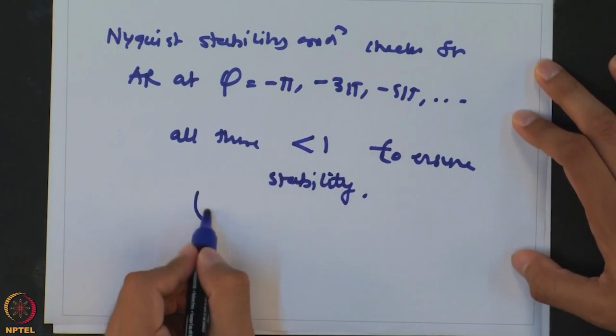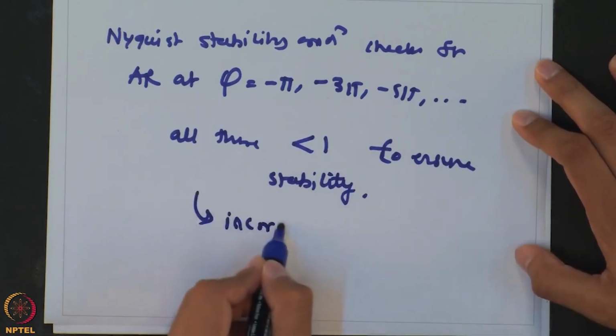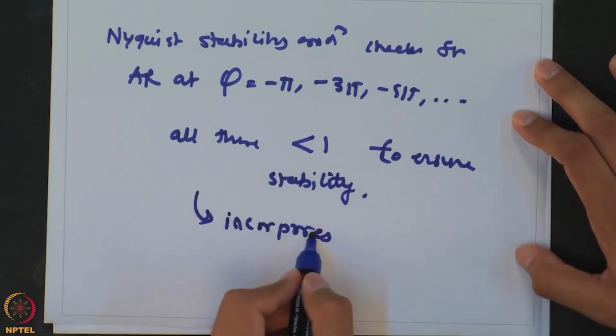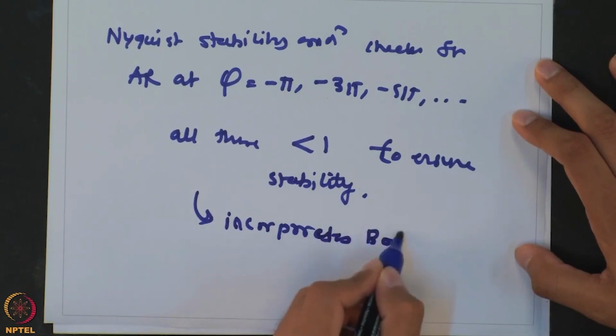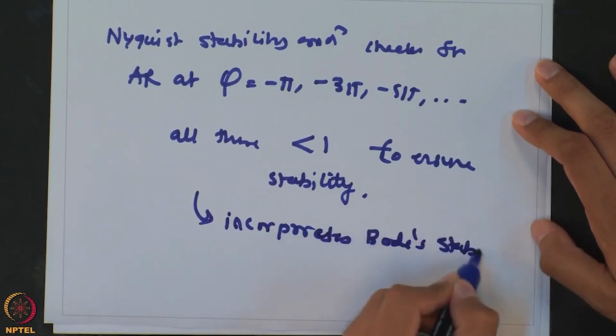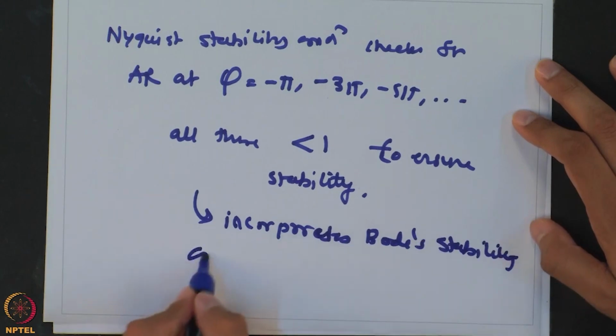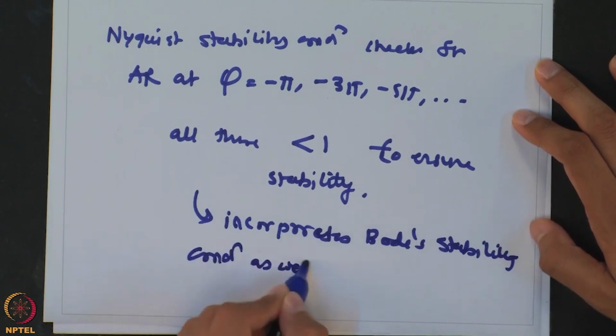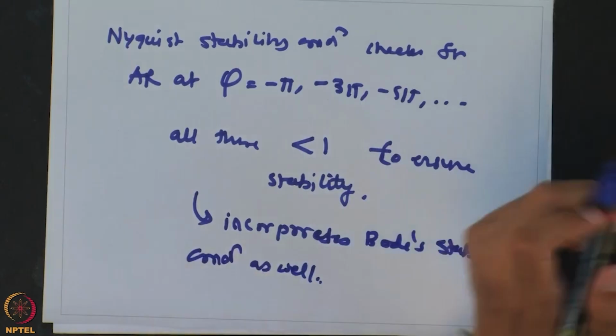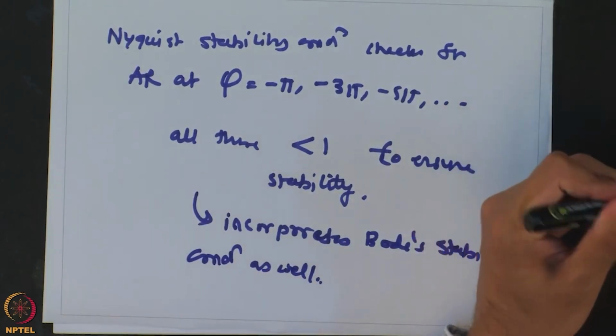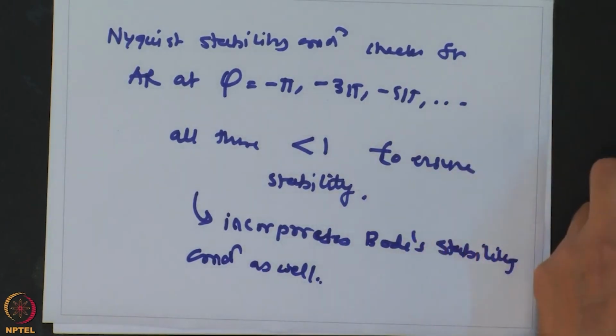So in a way it incorporates the Bode stability condition as well. And the way this stability condition is specified is using a Nyquist diagram.